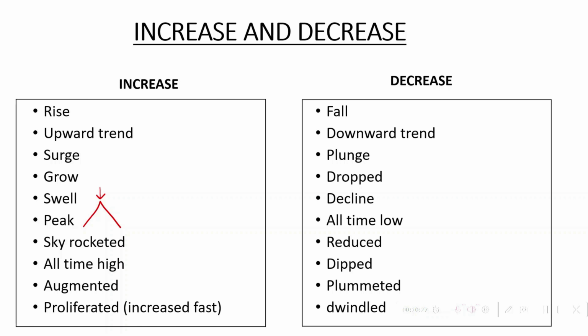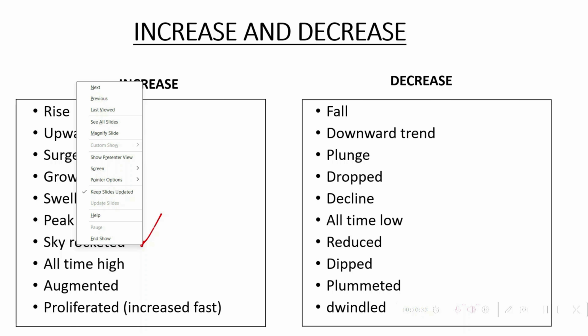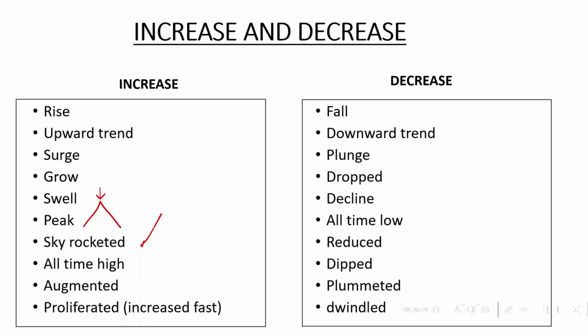Skyrocketed: the price of sanitizers was this much, but during COVID it skyrocketed to this amount. It reached its all-time high. So instead of peak, you can write all-time high. It augmented. Augmented is increased. Now, if you want to write increased very fast, you can use the word proliferated. So these are the various synonyms for increase.